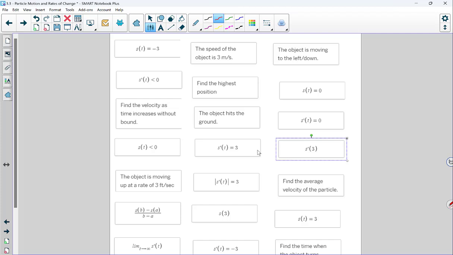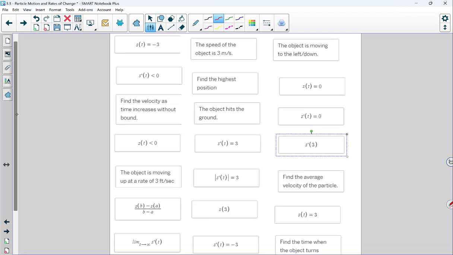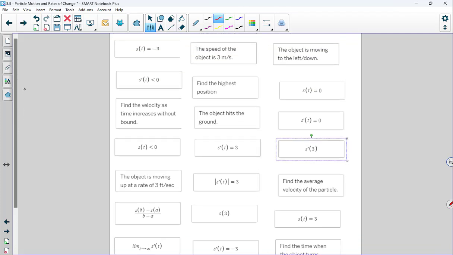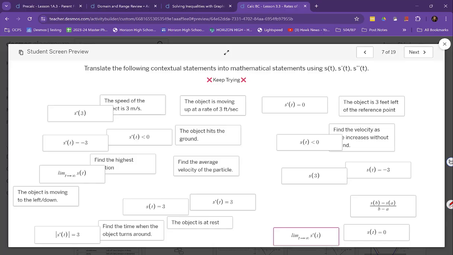So here we have a bunch of verbal statements and some mathematical statements, and your job is to match these up. If you are working off of the Desmos activity, this is a self-checking activity. As you match up the cards, it will tell you right up top whether to keep trying or whether it is correct.